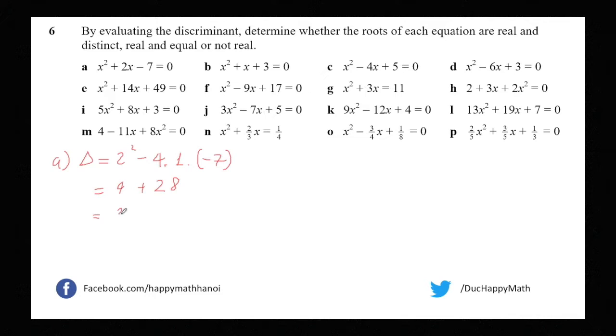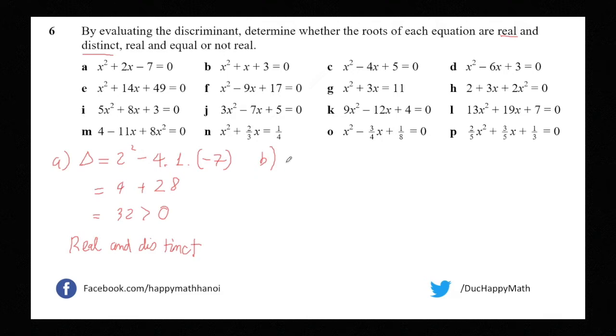So the delta is greater than 0, so you will have real and distinct roots. This question doesn't ask you to solve exactly for the value of x. Just define delta and tell about the solution of this function.